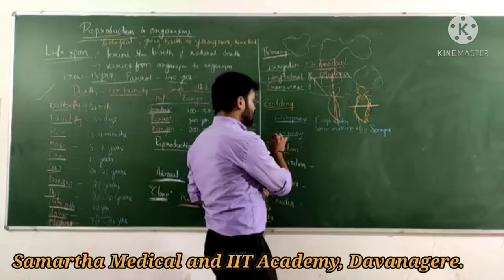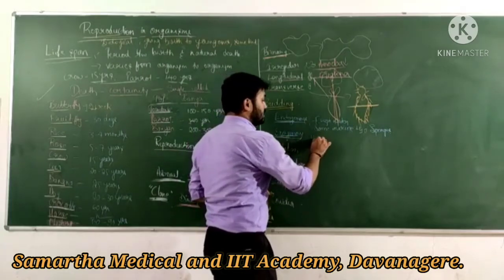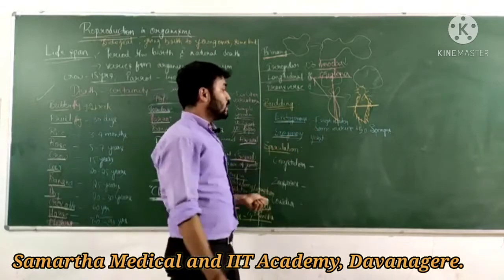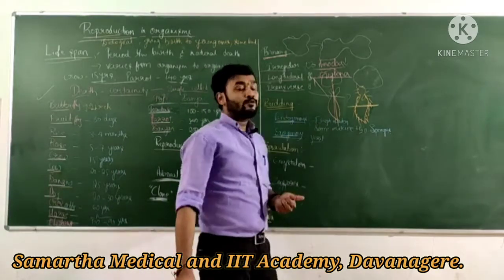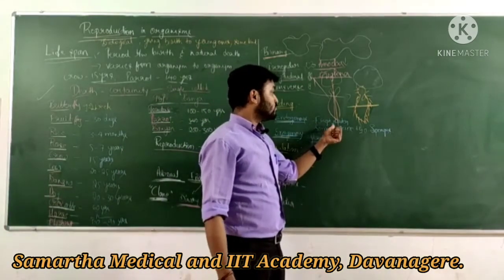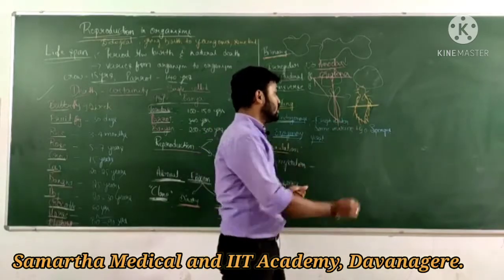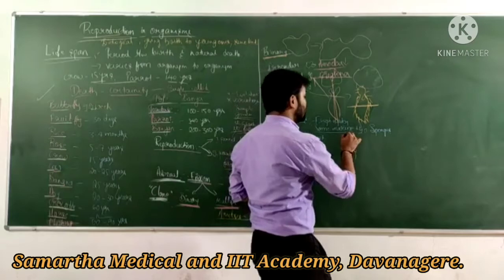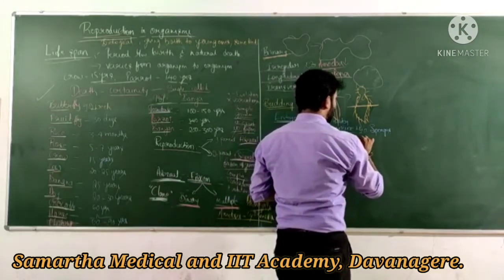What is this exogenous budding? We will see this in the yeast. But endogenous budding usually takes place in most of the freshwater sponges and a few marine water sponges, especially by the structure called gemmules.